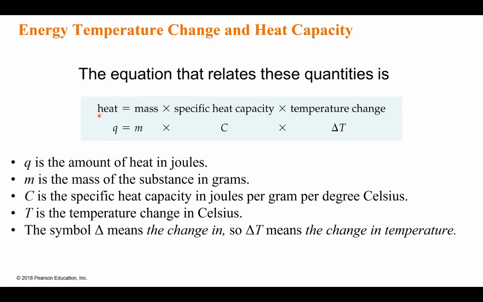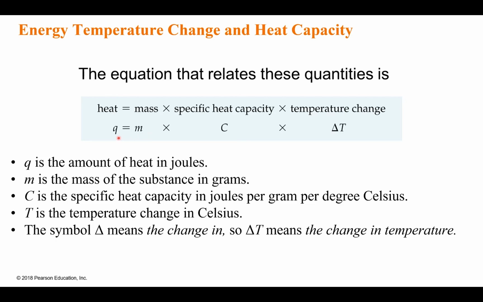So the amount of heat, that internal energy transfer that we were talking about, we're going to give it a symbol Q, equals the mass of the substance times the specific heat capacity times the change in temperature. We're going to use the following symbolism: m for mass, C for specific heat capacity, and delta T for temperature change.